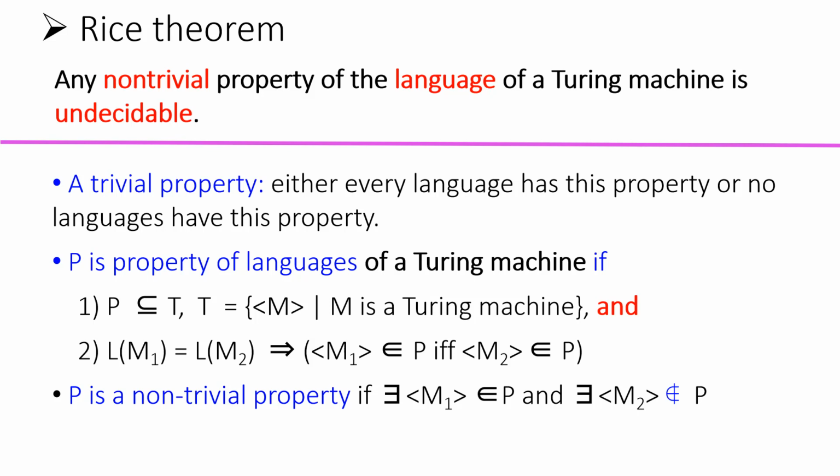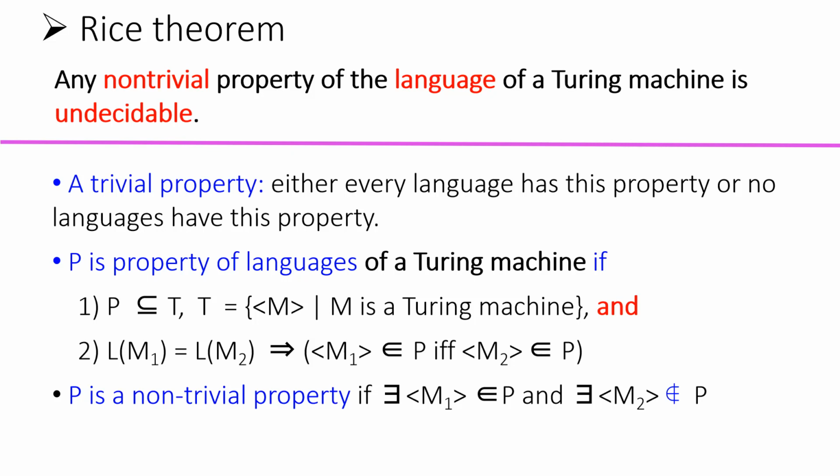First, if a property is trivial, then either every language has this property or no languages have this property. Second, P is a property of languages of a Turing machine if P is a subset of T, where T is the set of all possible Turing machine encodings.